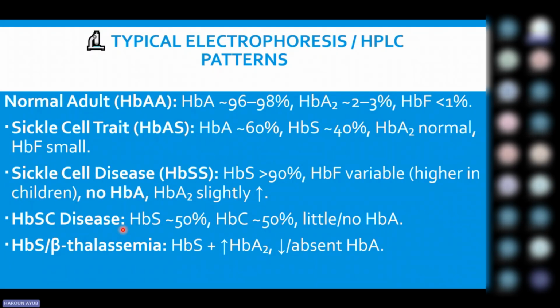In HbSC disease, we find S at 50%, C at 50%, with little or no HbA. In HbS beta thalassemia, you'll find HbS with increased HbA2 and little to no HbA. We can see how the analyzer differentiates between C, E and A2, which usually co-migrate, with the S, A and A2 bands.